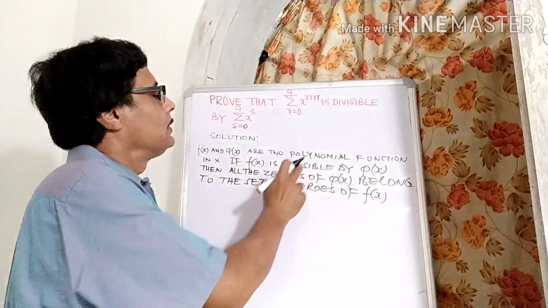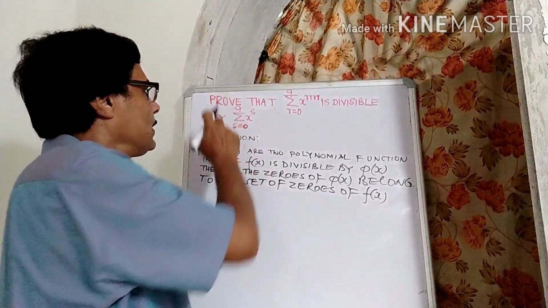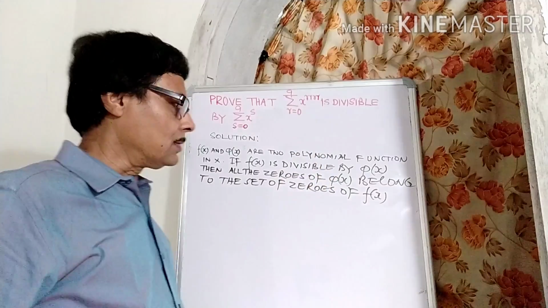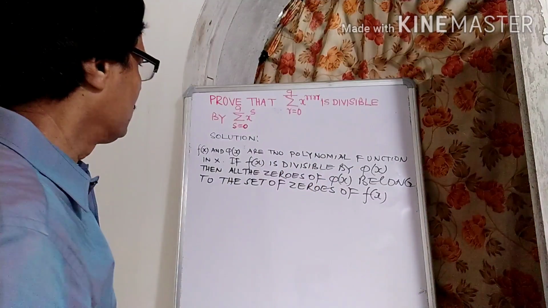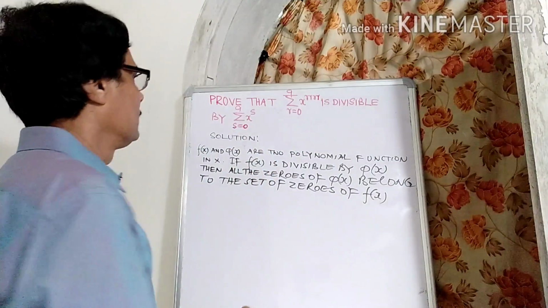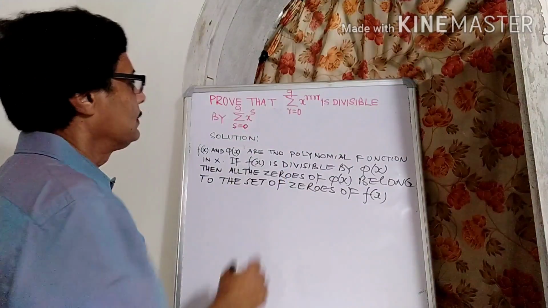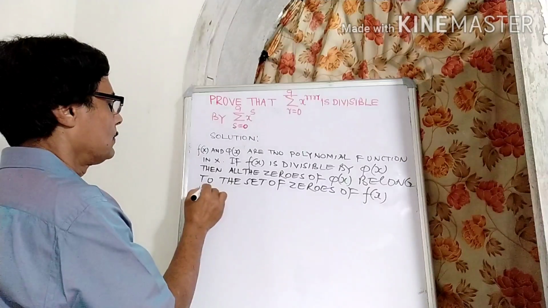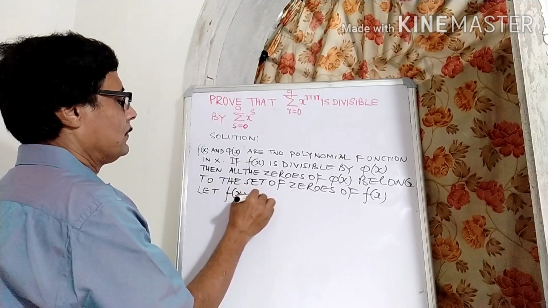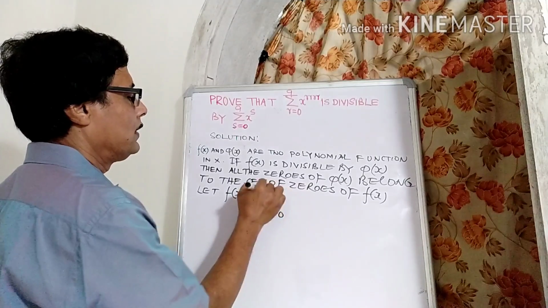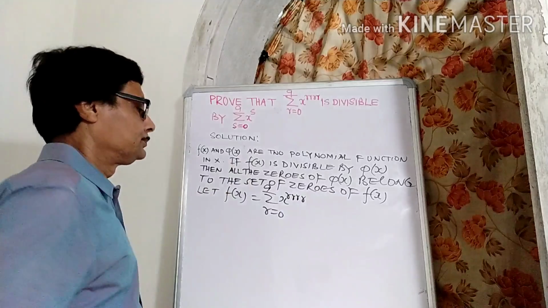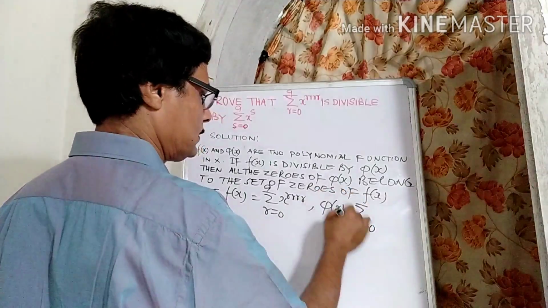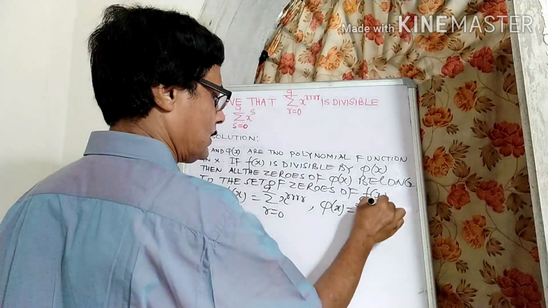Now we have to prove this is divisible by this, so we follow the condition of divisibility. Let us write down two polynomial functions: let f(x) equal to summation r equal to 0 to 9 x to the power r and phi(x) equal to summation s equal to 0 to 9 x to the power s.